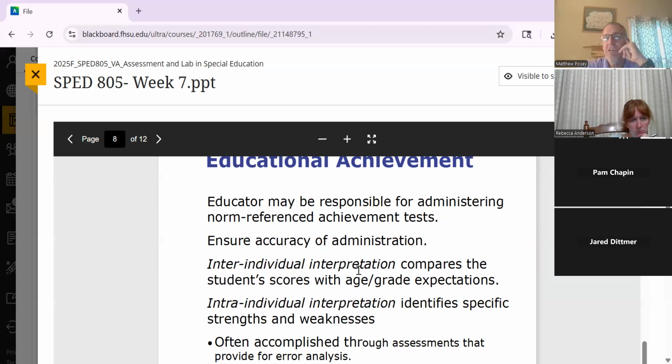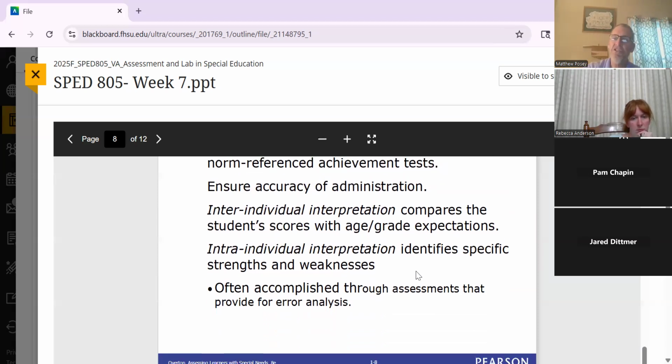So Johnny Joe might have been seventh grade, second month when I tested him, but on a subtest, he scored third grade, fourth month, or his age equivalency was 7 years, 2 months. Either one of those interpretations tells us it's significantly below where the student should be based on where they're at right now as far as being placed in a grade. Okay.